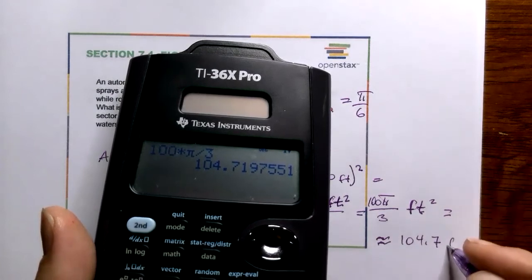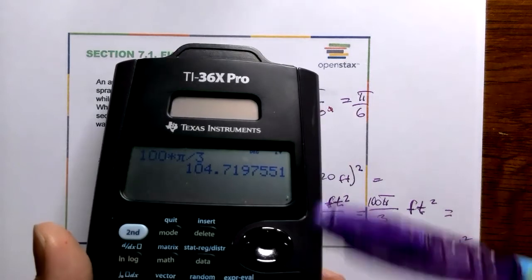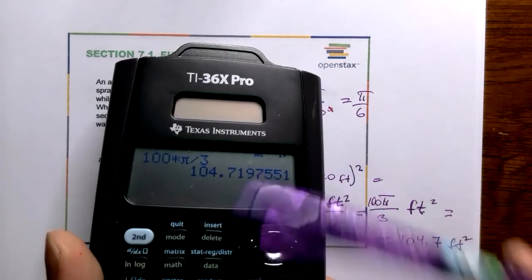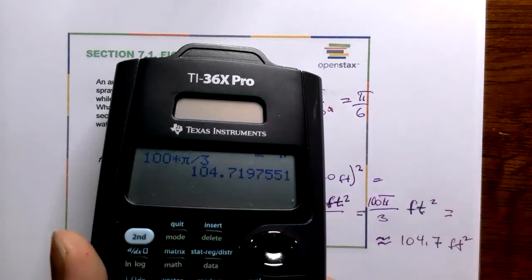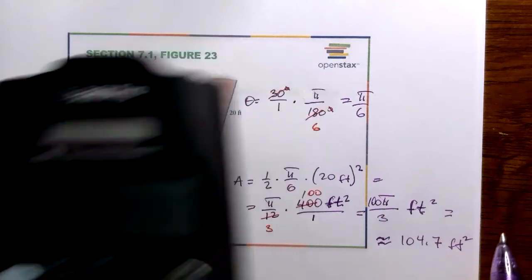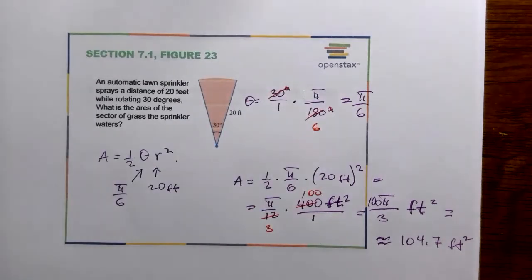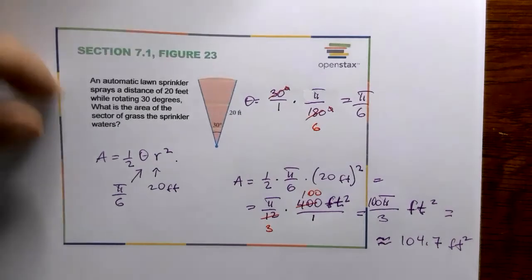So whenever you're doing a decimal instead of pi, that's going to be an approximation always, because as a reminder, pi is an infinite decimal, and you cannot write an accurate infinite decimal ever. All right, so that's an approximation.